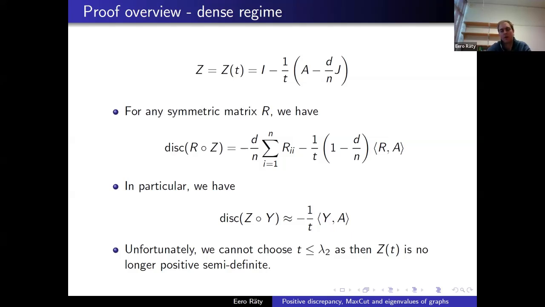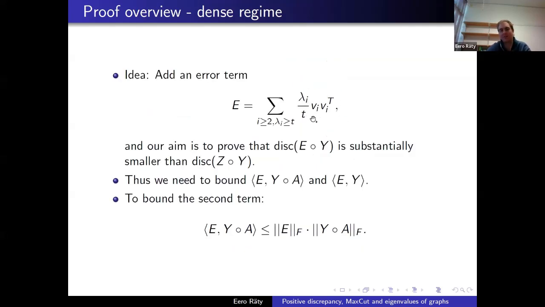What we are concerned with is those eigenvalues for which 1 minus lambda i divided by t is negative. To compensate, we add this lambda i over t to force those terms to be positive for those eigenvalues which are too large, since that would make them negative.